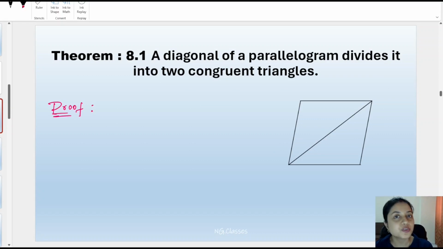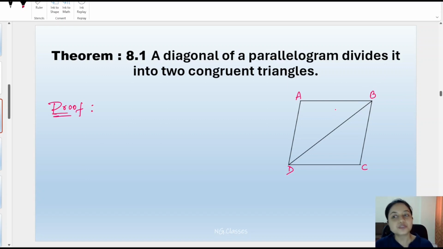And now let's prove few theorems related to parallelogram. So our first theorem says a diagonal of a parallelogram divides it into two congruent triangles. Let's say we are having a parallelogram ABCD. Here we are having a diagonal BD. We can also start with diagonal AC.